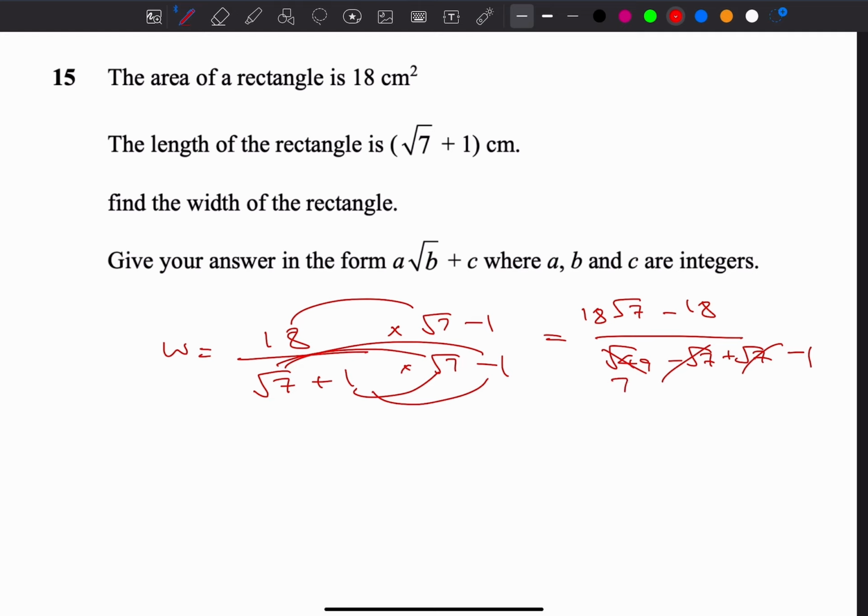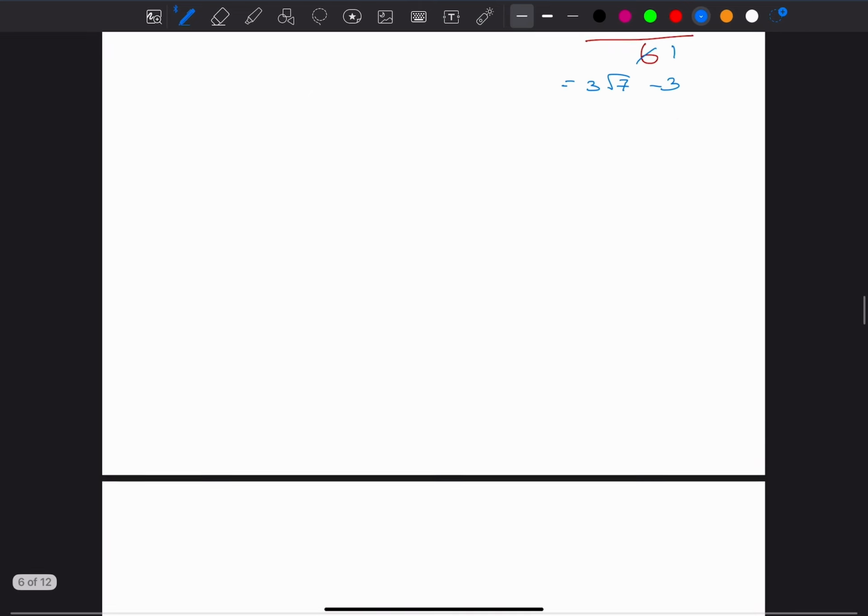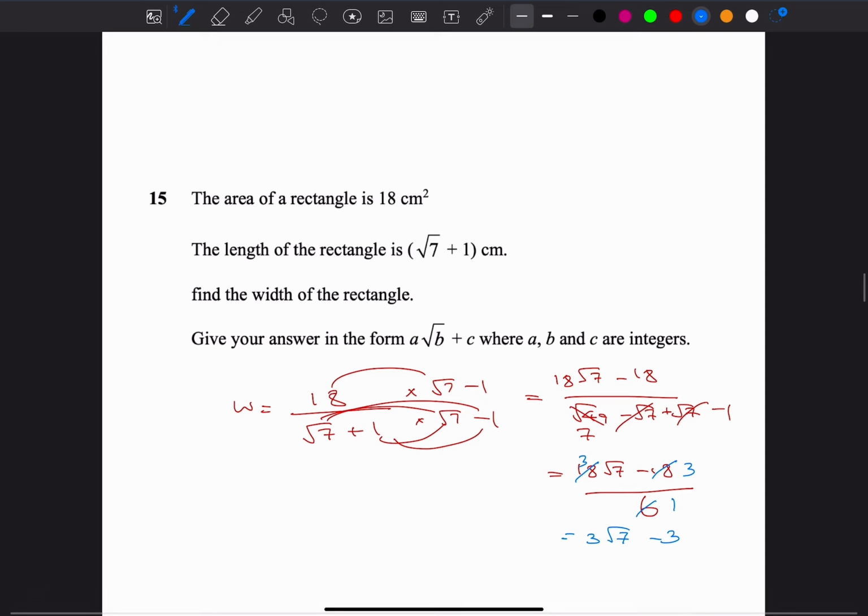Root 49 is 7. 18 root 7 minus 18 over 7 minus 1, which is 6. You've got to divide it. 18, 18, 6, they can be divided by 6. Makes it 1, 3, 3. 3 root 7 minus 3. And that would do. That's your final answer.